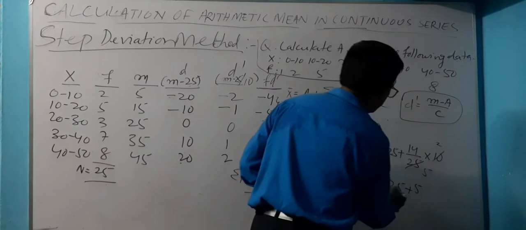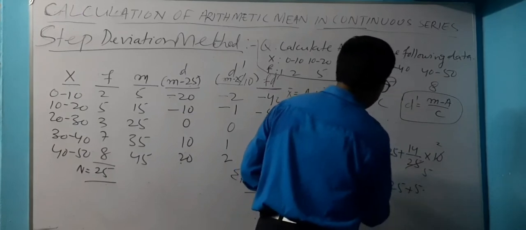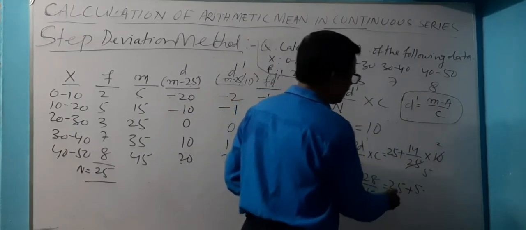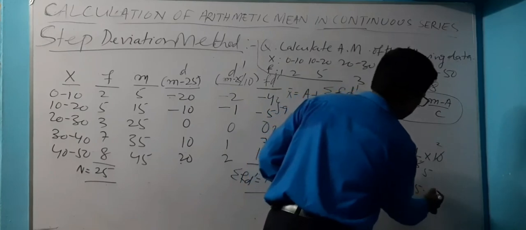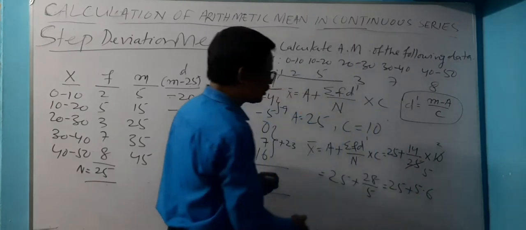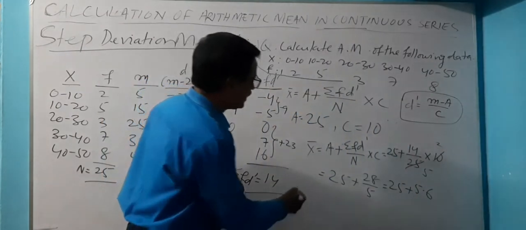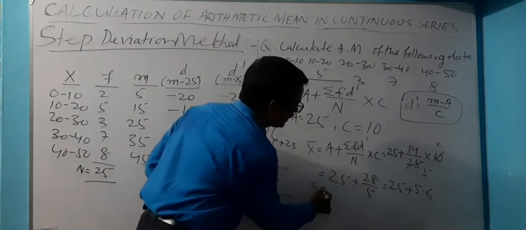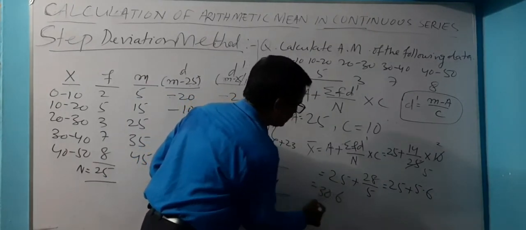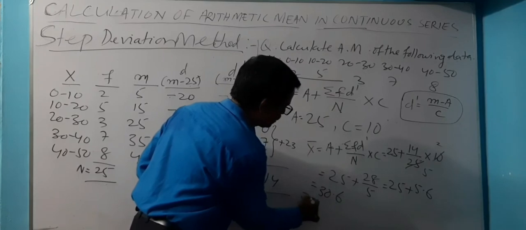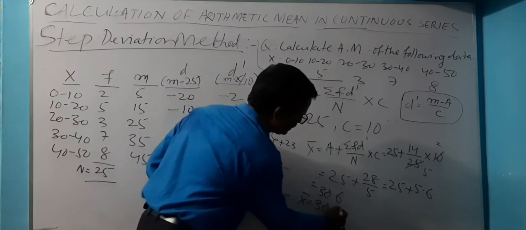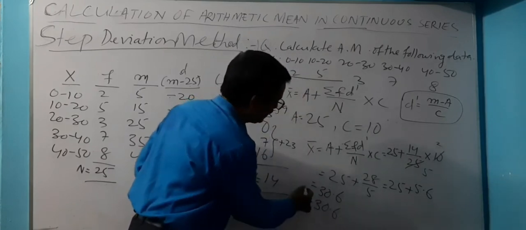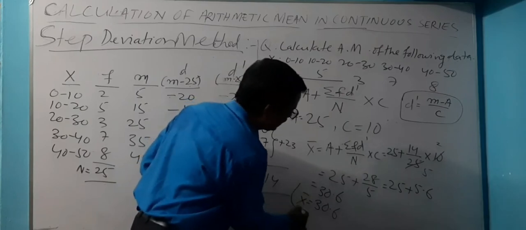Then put a decimal point. That is 30, 30 by 5, that is equal to 6. 25 plus 5.6 gives rise to 30.6. So X bar is equal to 30.6. Right? X bar is equal to 30.6.